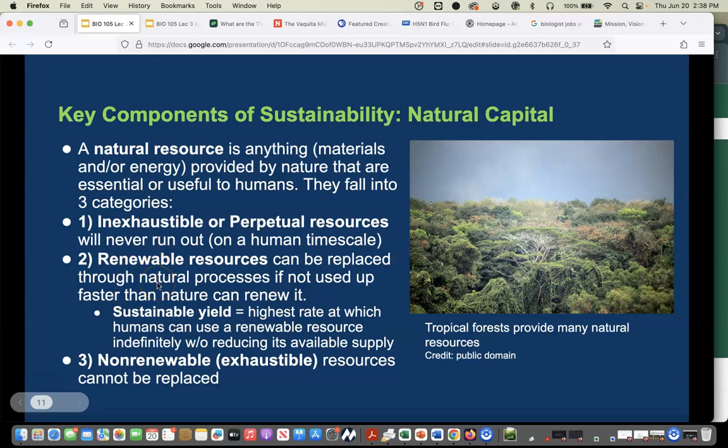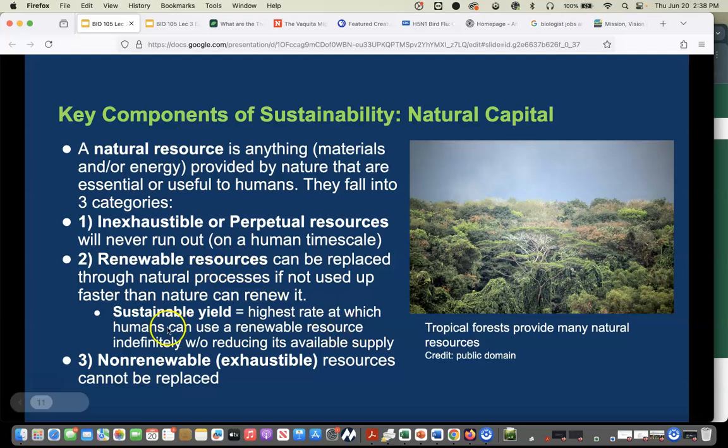And you're going to hear us use this term called sustainable yield. I do want you to know this term. Sustainable yield is the highest rate at which humans can use a renewable resource indefinitely without reducing its available supply. What that means is it's the highest rate at which we can remove some of that resource, but still maintain it as a renewable resource.